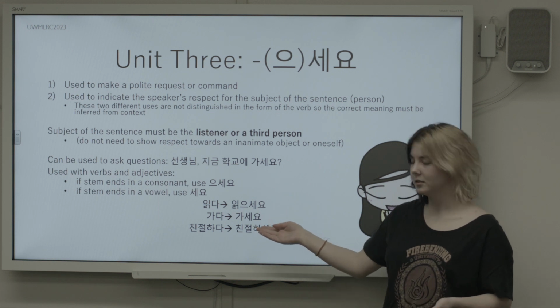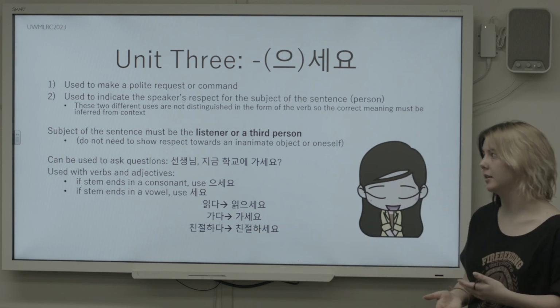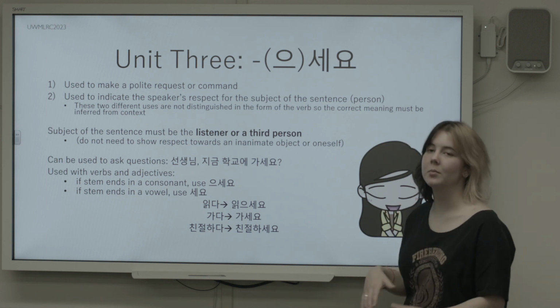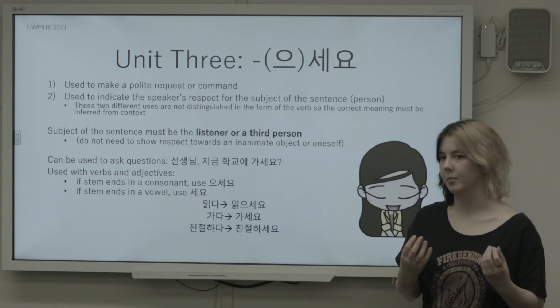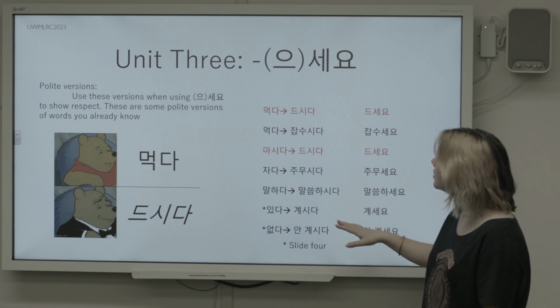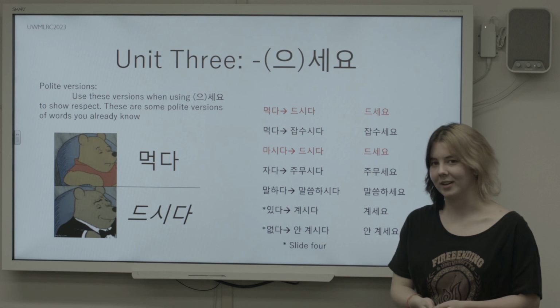Teacher is going. Teacher is kind. This is why you need to rely on context to understand what meaning is being inferred there. Someone's either asking you to do something, or they're being respectful toward a person who is the subject in their sentence.